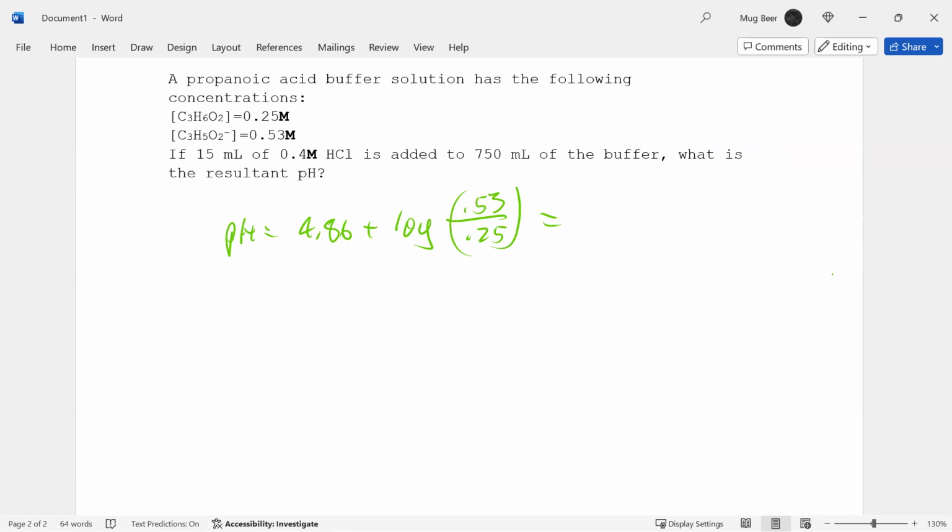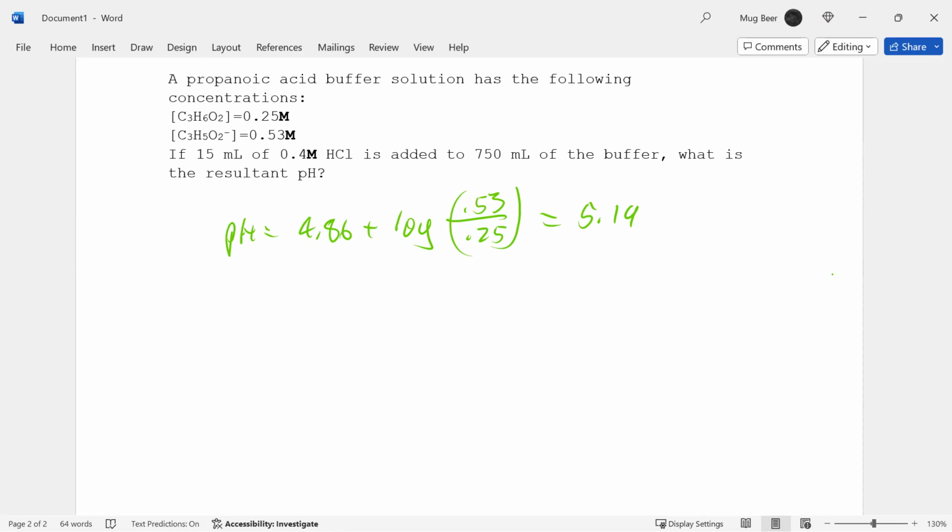So before we even do the math, is the 4.86 going to be bigger or smaller? Bigger. I know that because my numerator is bigger. I've got more base, so then the pH is going to be higher. So then the number of 5.19 pops out. I'm okay with that.